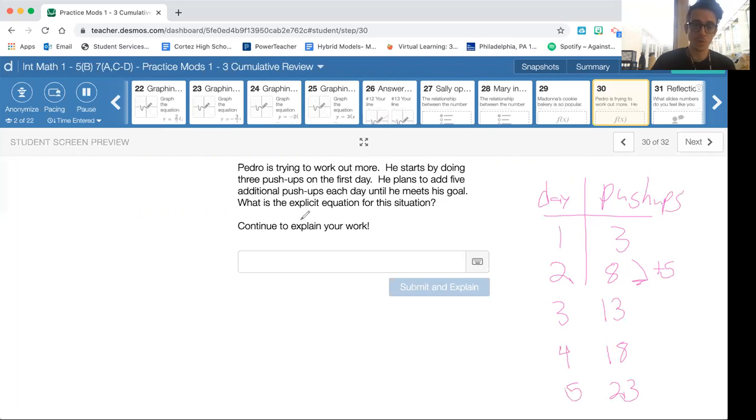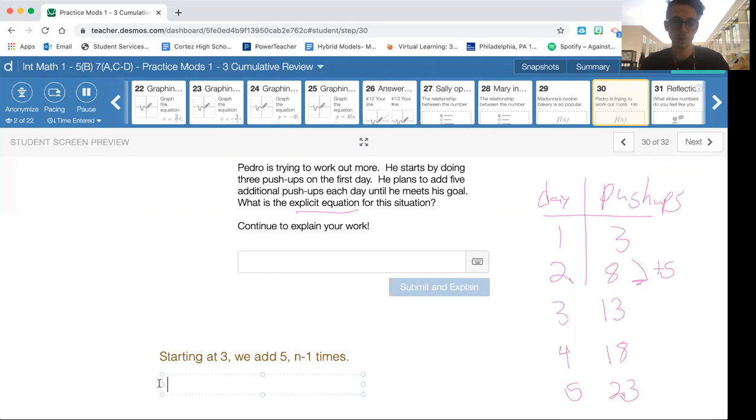But eventually, again, we're trying to make the explicit equation. So in words, what's happening here? We're starting at 3. Add 5, n minus 1 times. Or I suppose if you want to go back to the 0 term, you could say starting at -2, because if we deduct 5 from 3, that gets us -2.